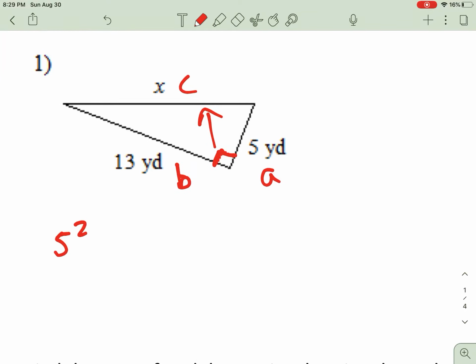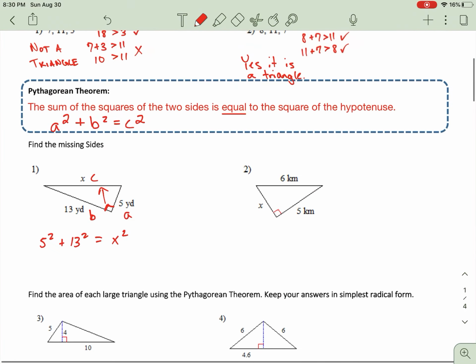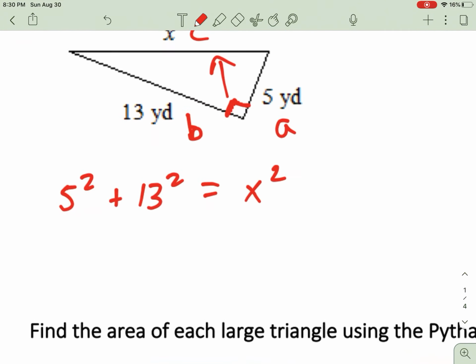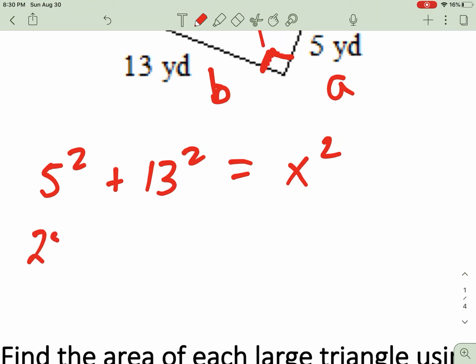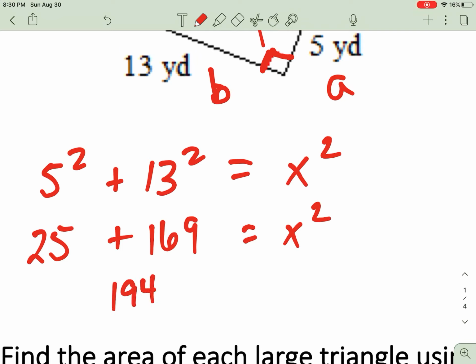So 5 squared plus 13 squared equals x squared. Again, we're looking for this side. Well, that's 25. This is 169. This is x squared. 25 and 169 gives you, let's see, 189, 194.